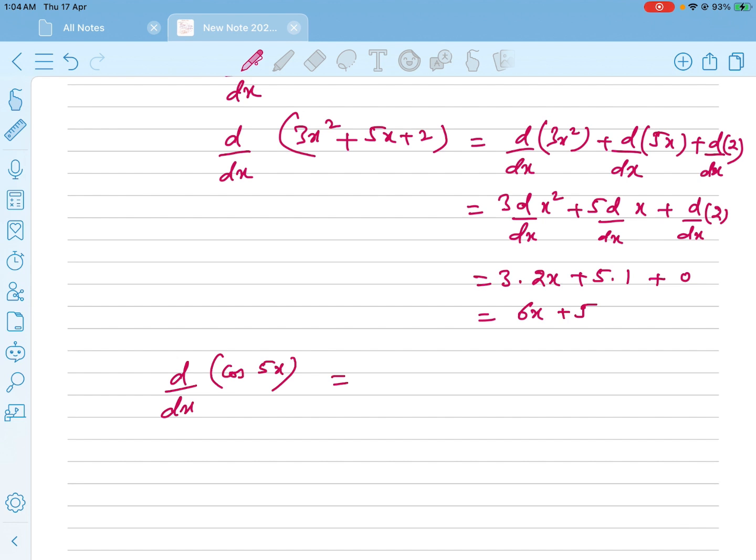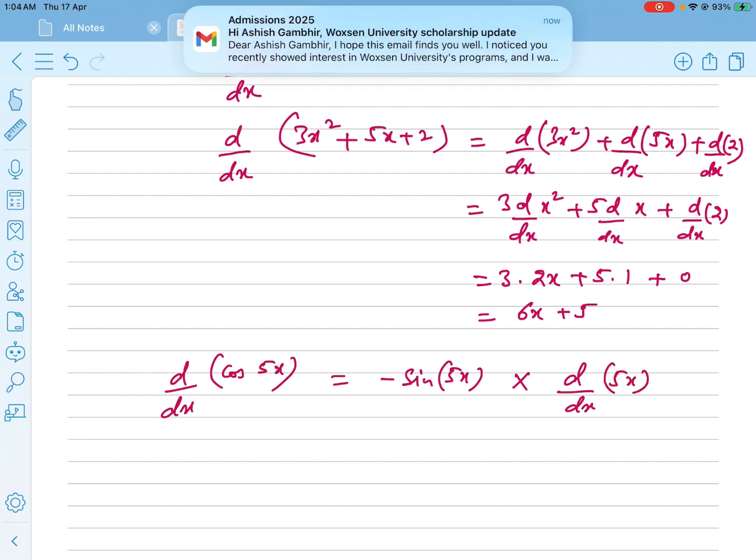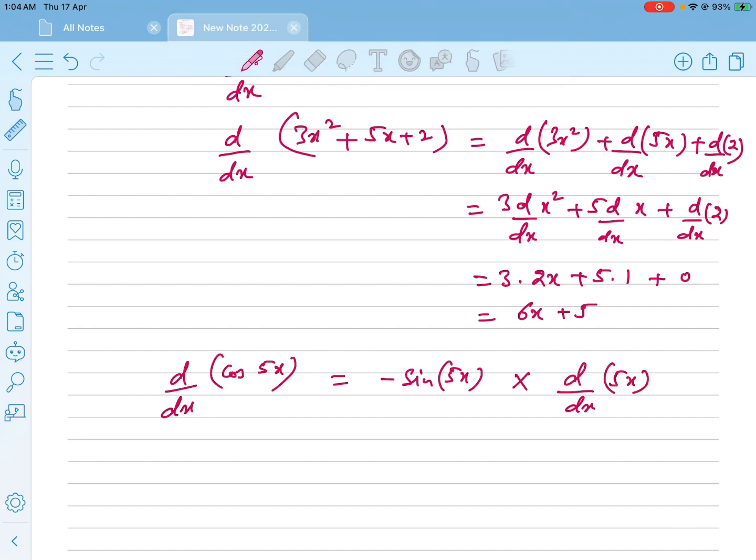In this case x is replaced by 5x, so the answer will be minus sin 5x. But the answer doesn't stop here, we have to multiply this with the derivative of 5x. So this gives me minus 5 sin 5x as the answer.